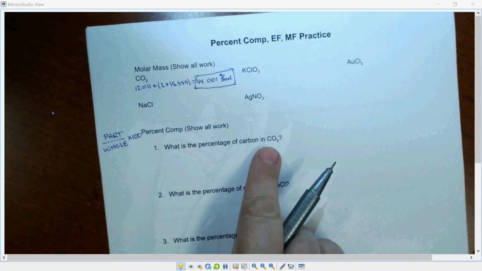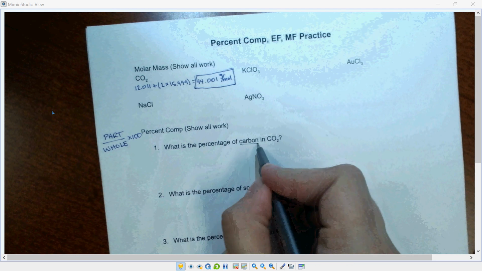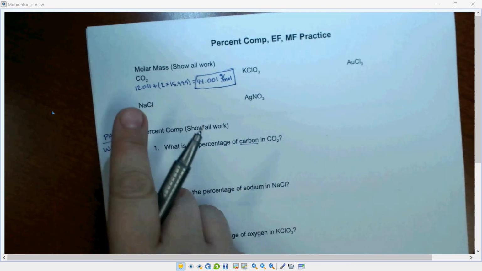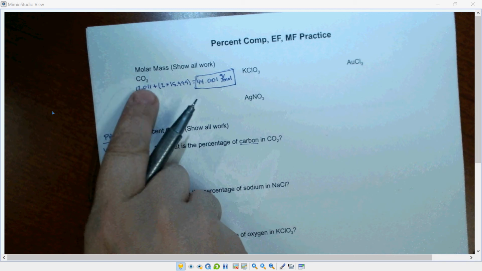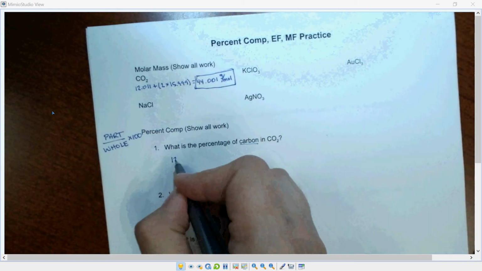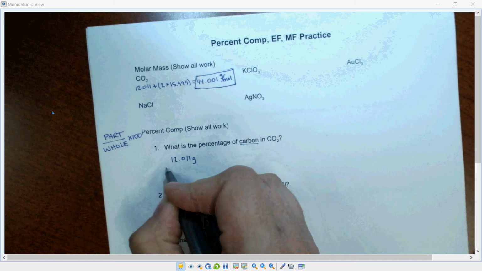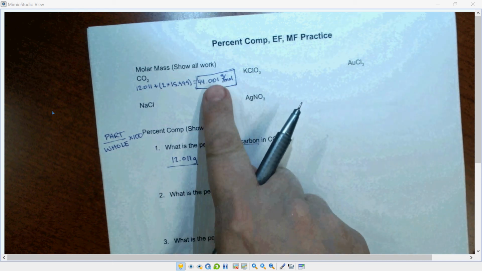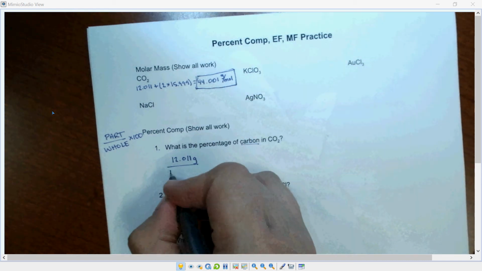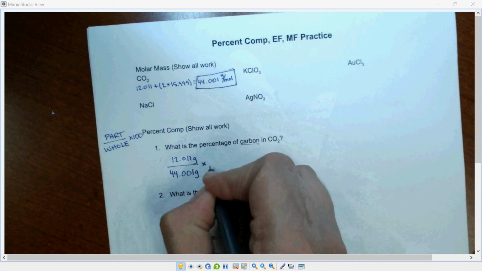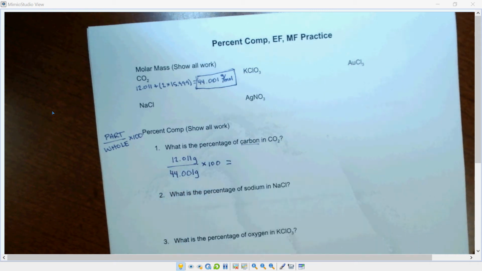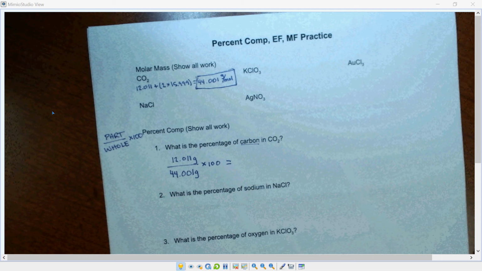So for CO2, the percentage of just carbon in CO2, the mass contribution of carbon was 12.011. So carbon puts in 12.011 grams to the total mass of the compound, which is that 44 number, and then I multiply it by 100 to turn it into percent, and then that's it. That's all you have to do to find percent composition.